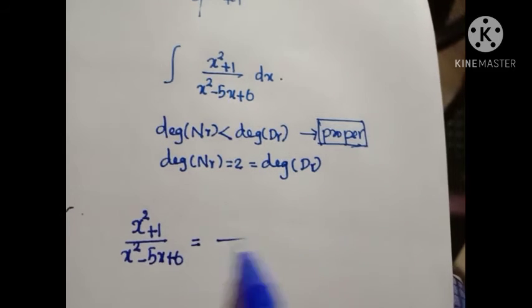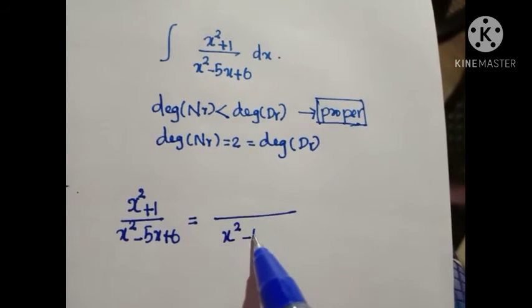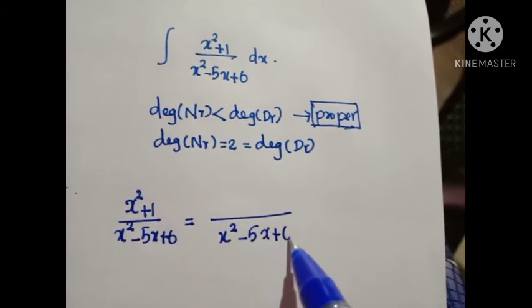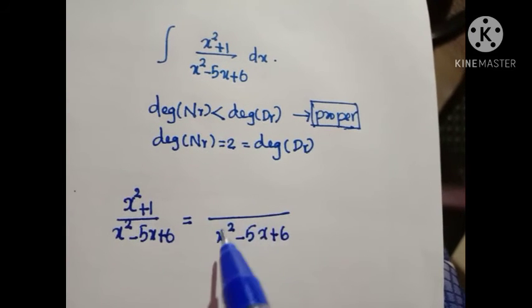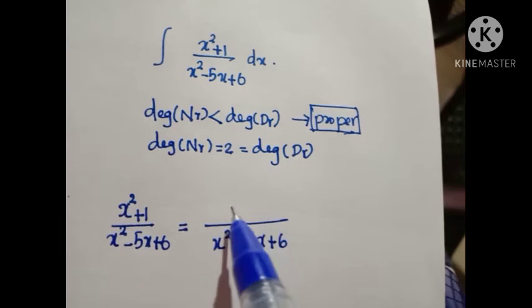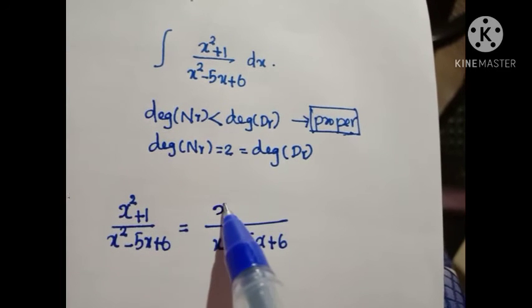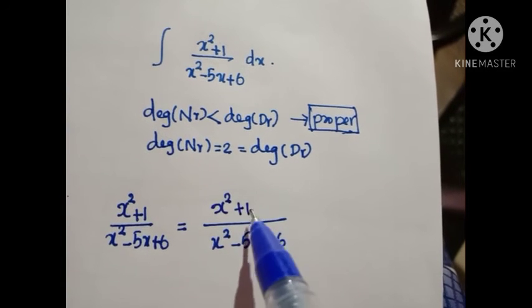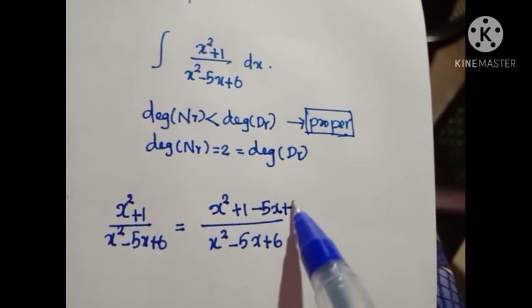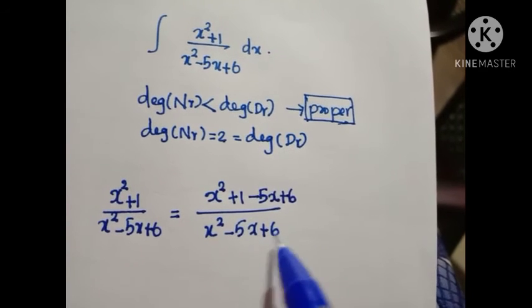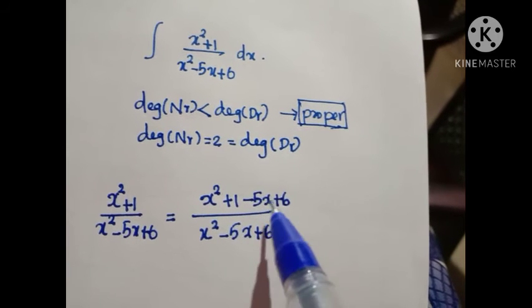Here the denominator is x square minus 5x plus 6. So we need the same expression or same terms in the numerator also. So firstly we write these two terms, then we need minus 5x and plus 6. These terms we need in the numerator.